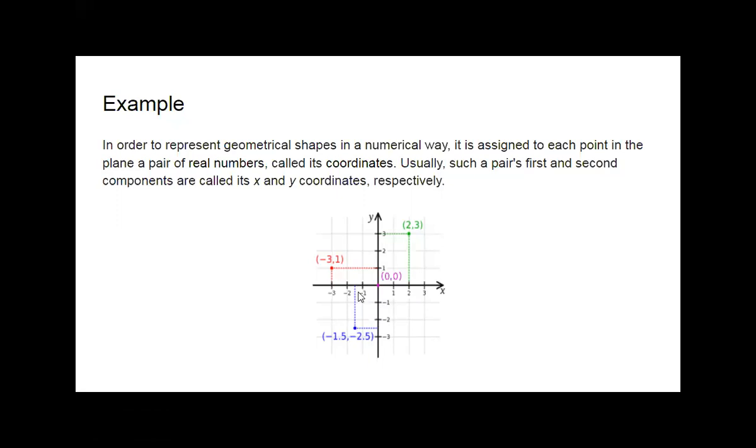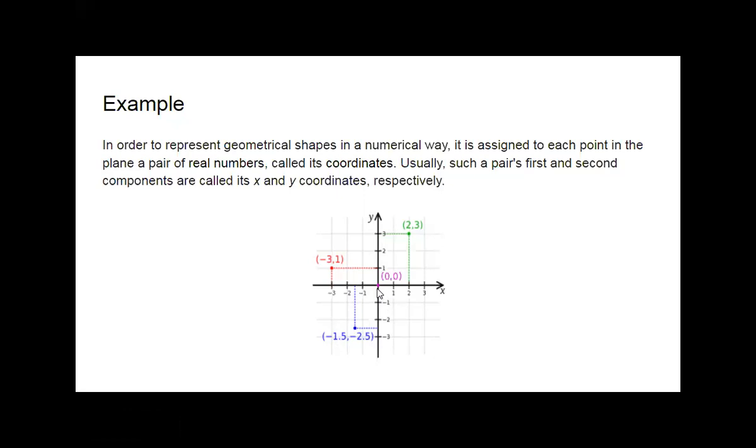It will be for the length, and for height it will be minus 2.5. Minus 2.5 means downwards 2.5. We can plot the point there at minus 1.5, minus 2.5. 1.5 is the x value and 2.5 is the y value. Okay, it is not going to change.